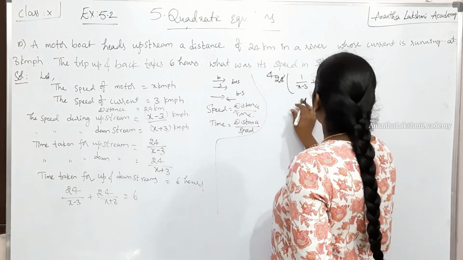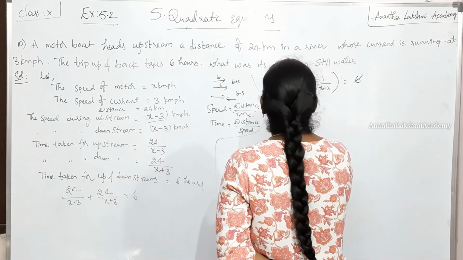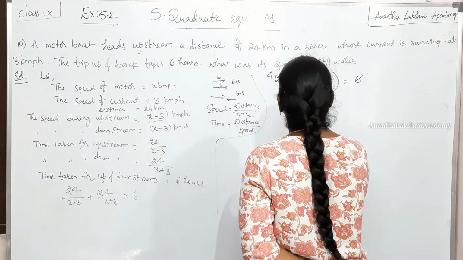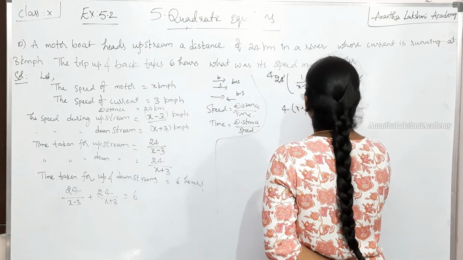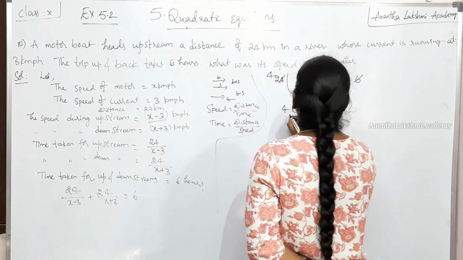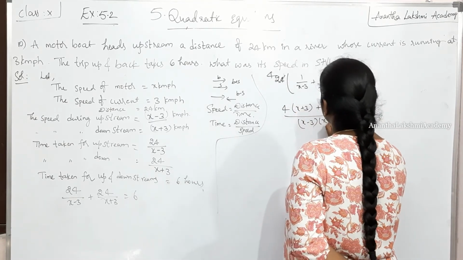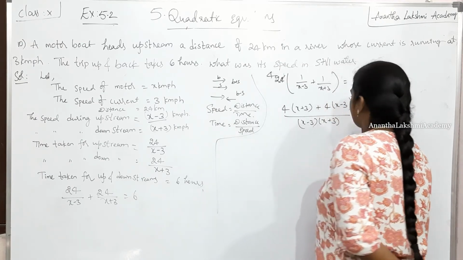Okay, so now take the LCM. This becomes 4 into x plus 3 plus 4 into x minus 3. I am multiplying this 4 inside by x minus 3 into x plus 3, which is nothing but a minus b into a plus b form.